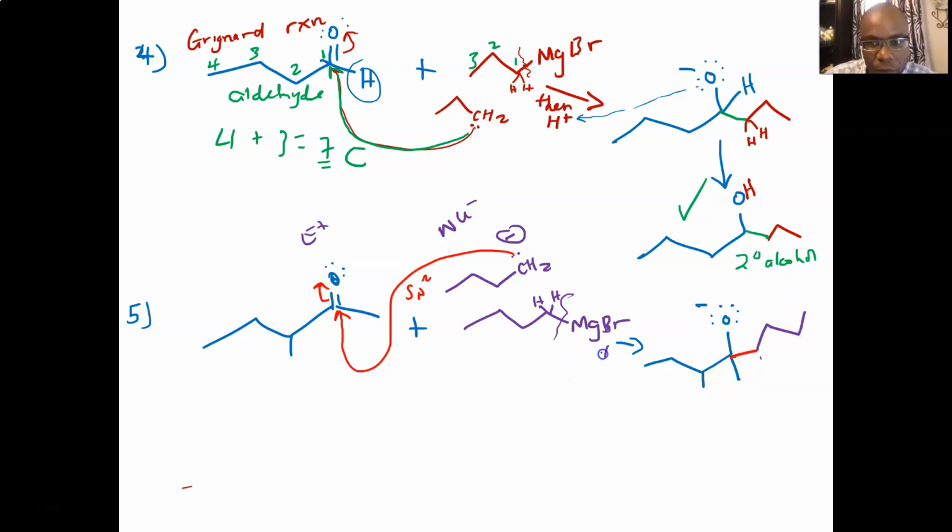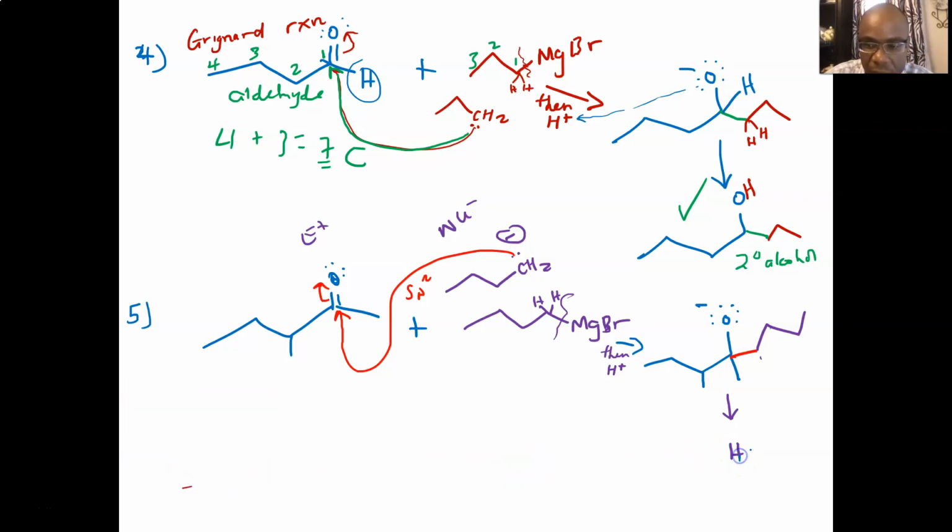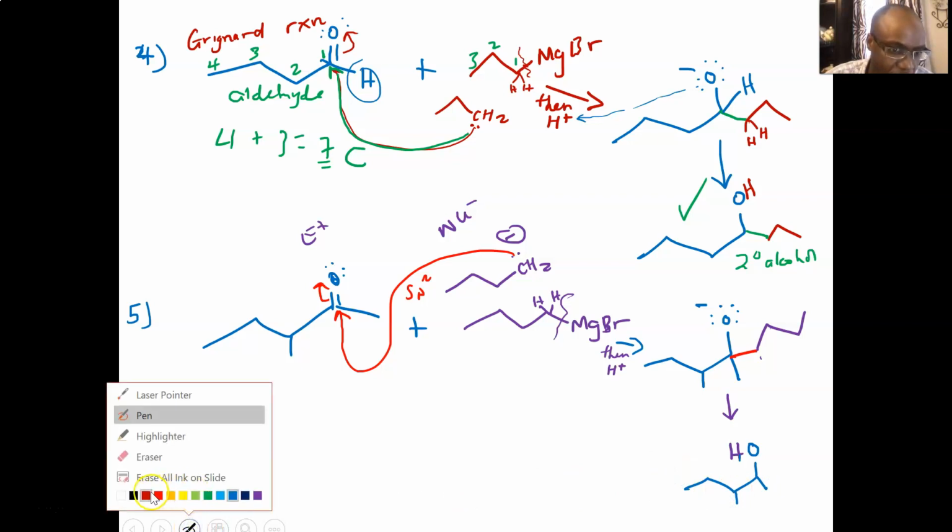Now, if it says then H3O plus or H plus, then you would expect that that oxygen will be protonated, which means it's gonna gain a hydrogen. Make sure that the number of carbons sum up.